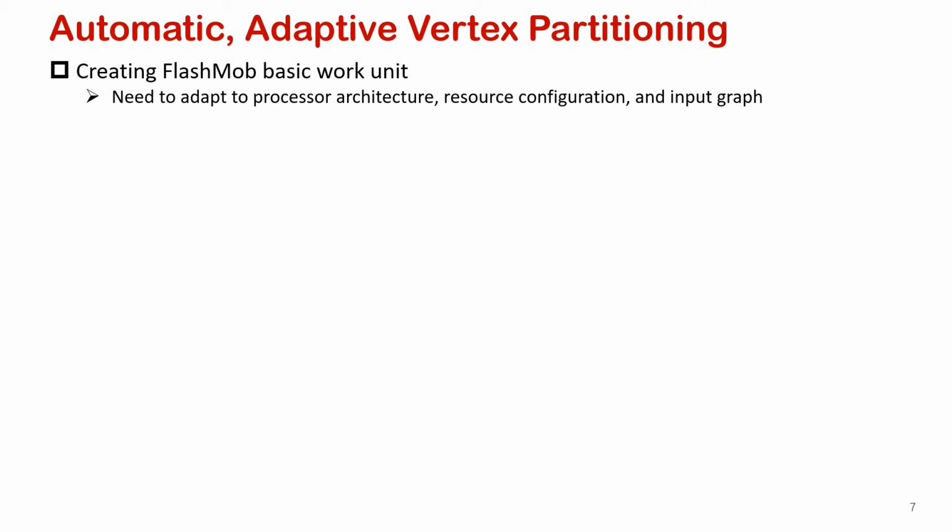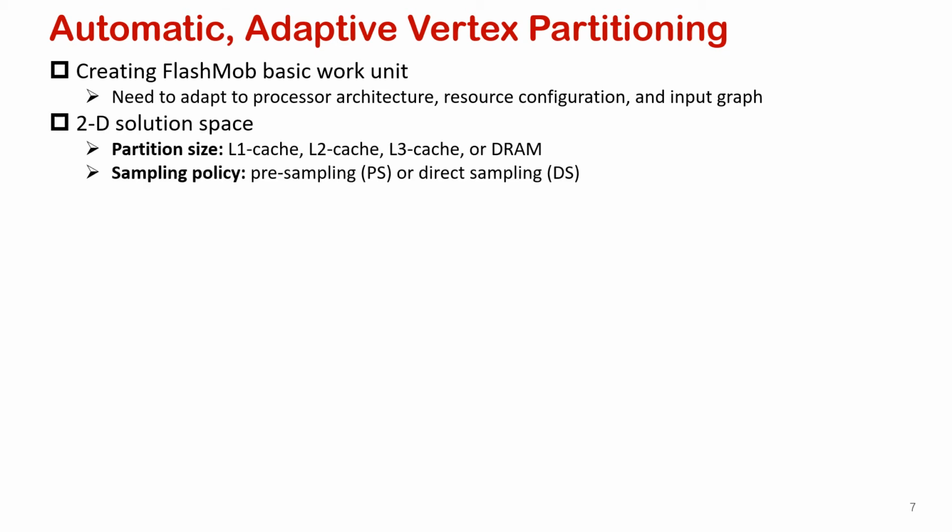We want such partitioning to be automatic, adaptive to the CPU architecture, resource configuration, and input graph. More specifically, we need to optimize in a 2D solution space with 4 candidate partition sizes cut to fit the L1, L2, or L3 caches, or what we call DRAM size, as once it's beyond L3 it doesn't matter much, and 2 candidate sampling policies, PS or DS.